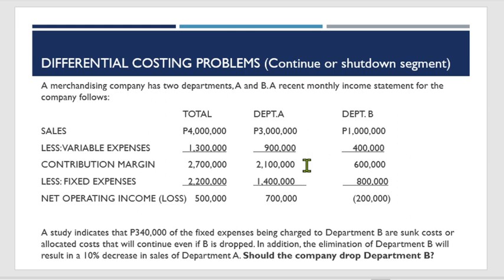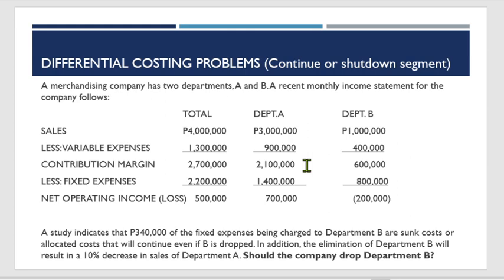Then, ang sabi dito, yung 800,000 daw na fixed expenses kay B, 340 doon ay magko-continue kahit na i-drop mo si B. So therefore, 1,890,000 minus 1,400,000 na fixed expenses ni A minus 340,000 na fixed expenses ni B, na ngayon ay mapupunta na kay A dahil na-drop mo na si B. So what is your net income or your net loss? The answer should be net income of 150,000. So, 150,000 ang total company income mo ngayon.